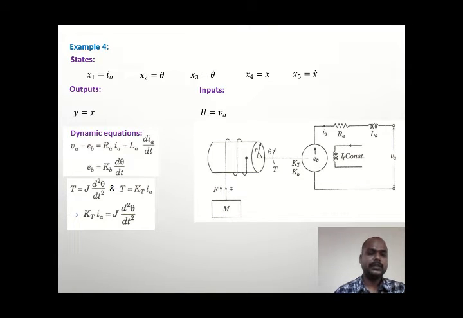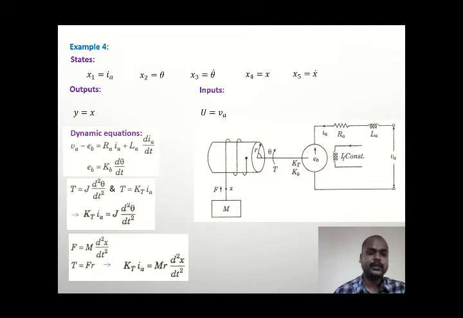So we can see that there is a direct relationship between the inertia of this pulley, which is J d2 theta by dt square, and this is equivalent to this Kt I.